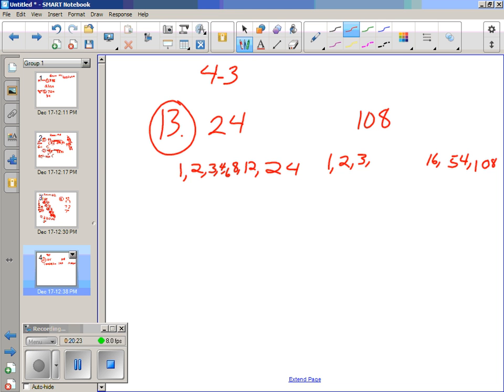Yeah. 4 will go into it, I believe, 27 times. 5 won't go into it. 6 has to go into it because, all right, so let's do 108 divided by 6.